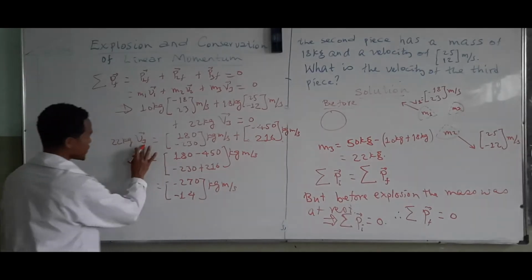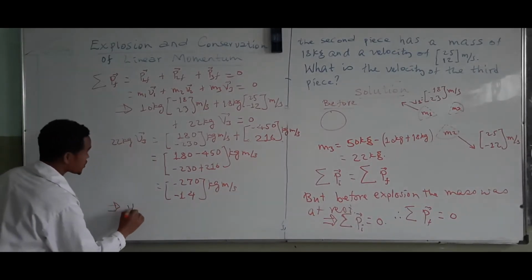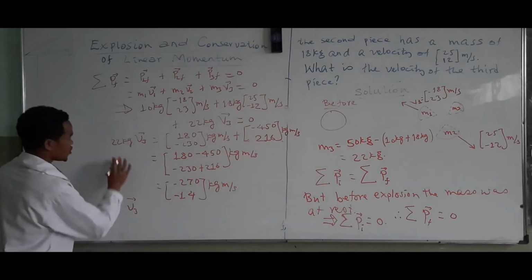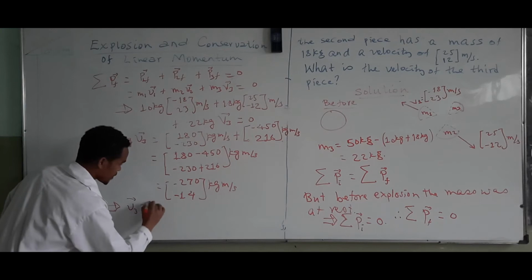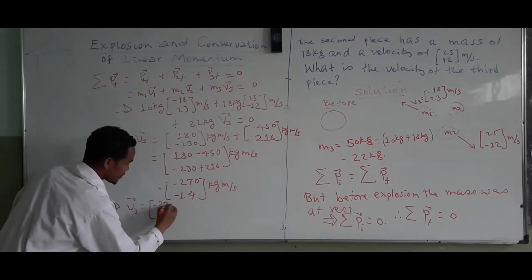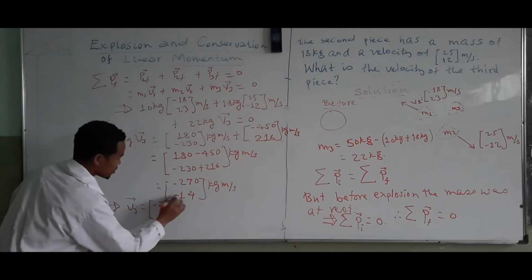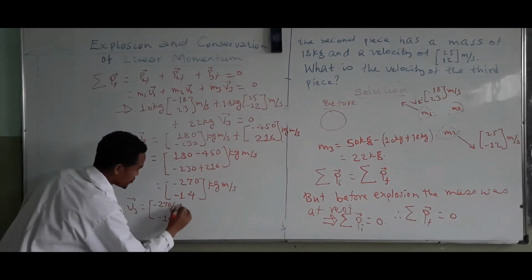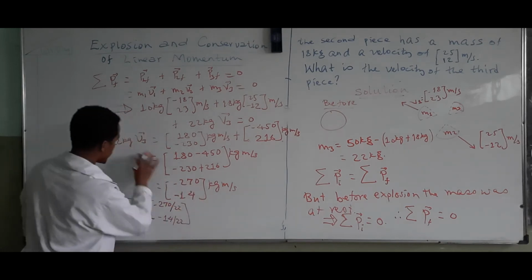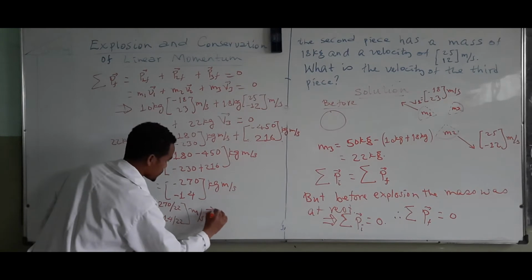So to solve for V3, we will divide both sides by 22 kilograms. This will be equal to negative 270 divided by 22, then negative 14 over 22. Then kilogram cancels kilogram and we are left with meters per second.